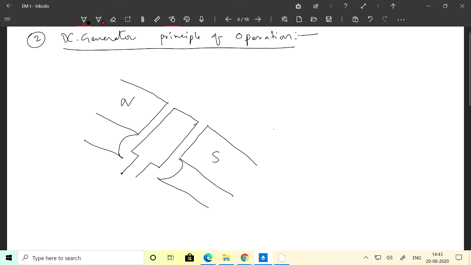Let me say these are the 2 effective sides of the coil. Let me say this is A, B, C, D. AB is one side, BC is another side, CD is another side, and DA is the other side. So this is the back side of the winding.